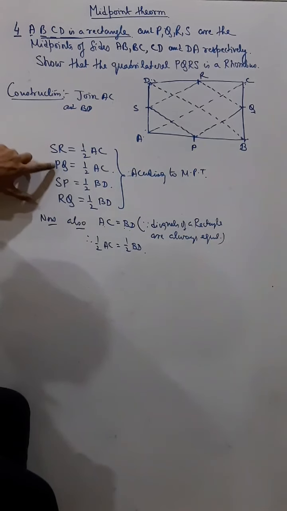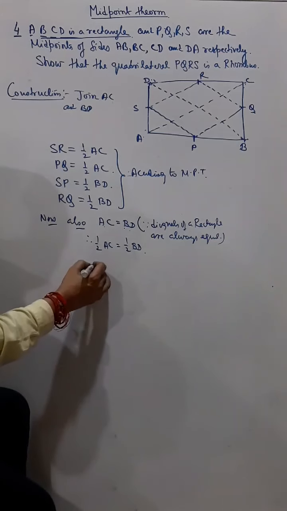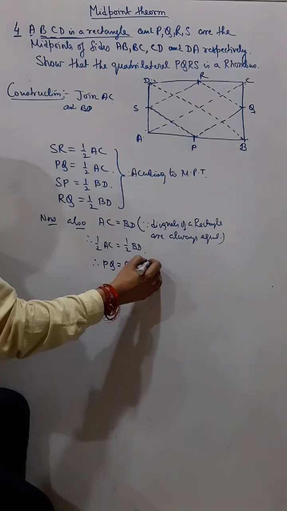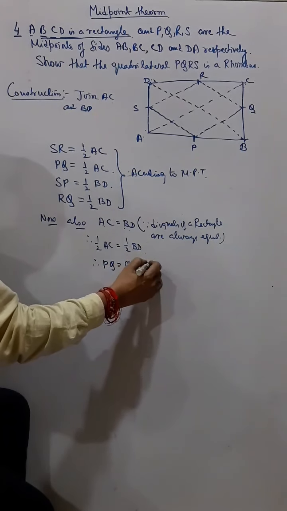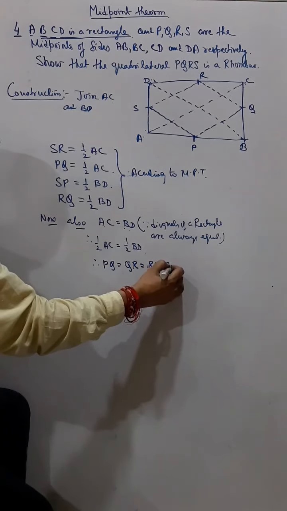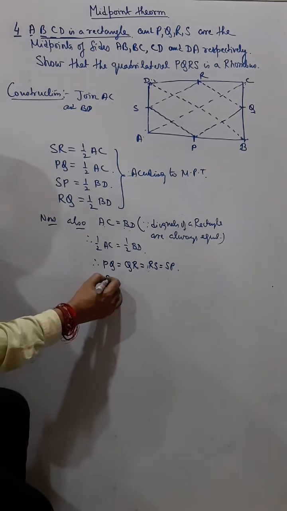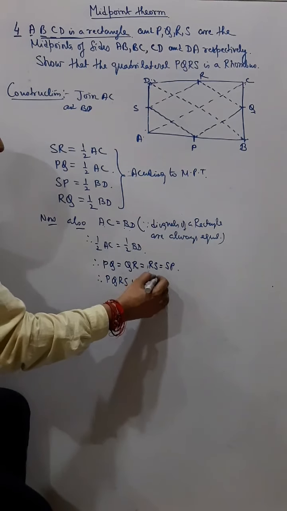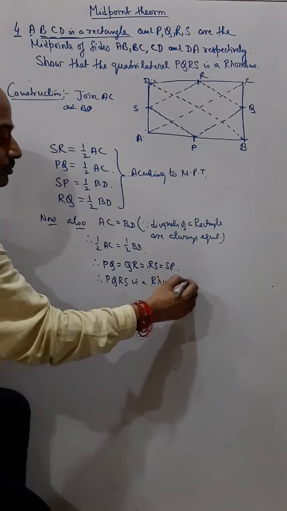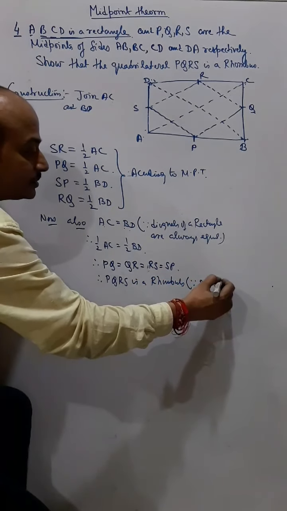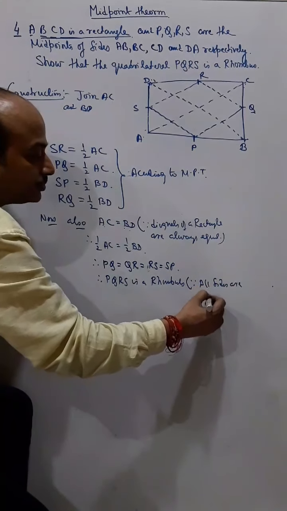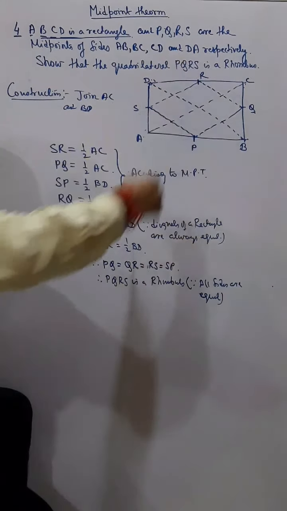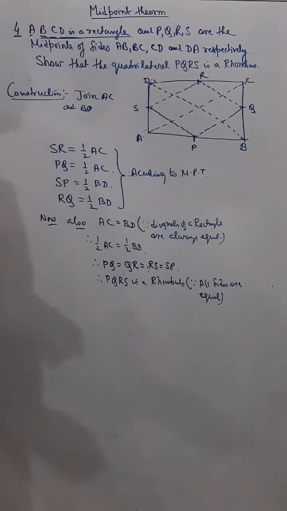So therefore I can say all these four sides are equal, and therefore we can say simply that PQ is equal to QR is equal to RS is equal to SP, and therefore PQRS is a rhombus, since all sides are equal. So if in any quadrilateral all four sides are equal, it is a rhombus. So therefore hence proved. Okay, understand?